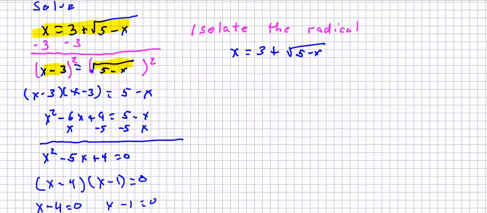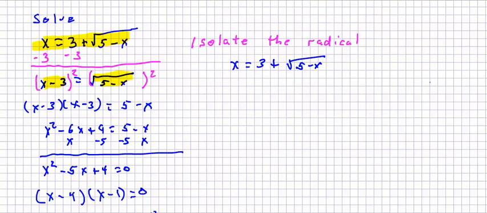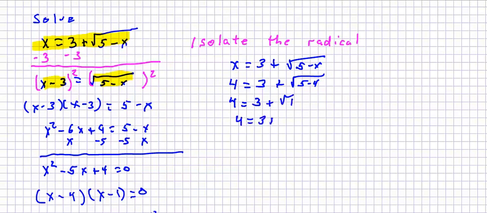My first solution is x equals 4. 4 equals 3 plus the square root of 5 minus 4. 4 equals 3 plus the square root of 1. 4 equals 3 plus 1, or 4 equals 4. That checks, so we know 4 is the solution.